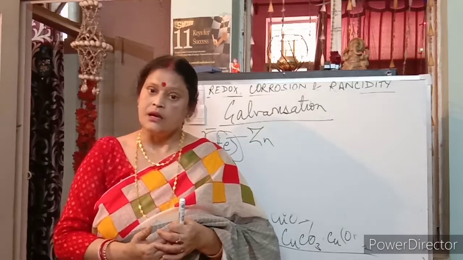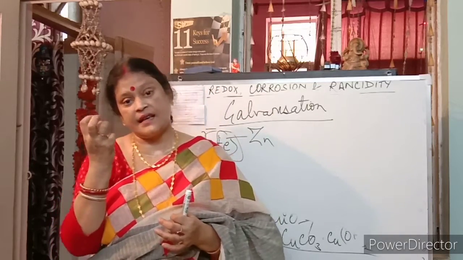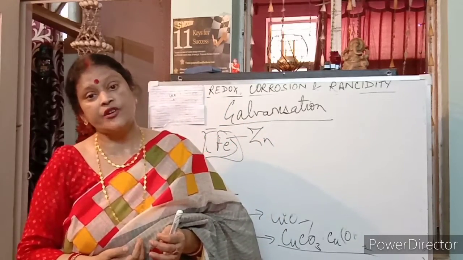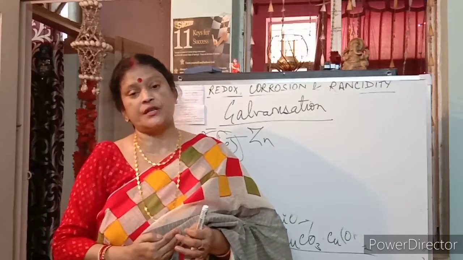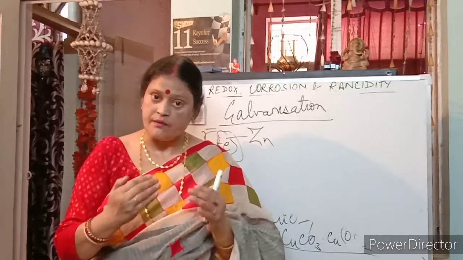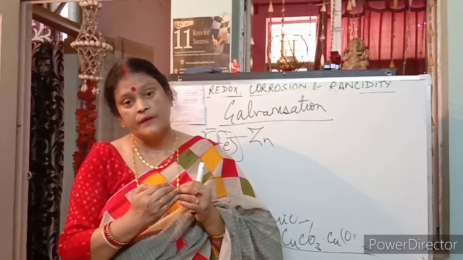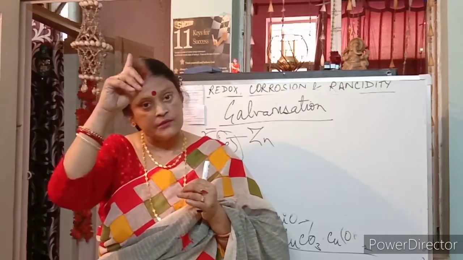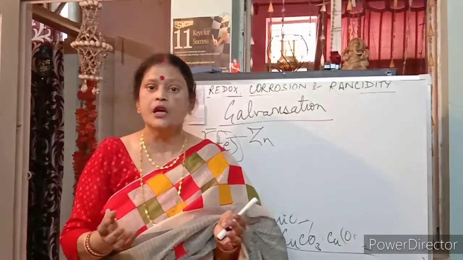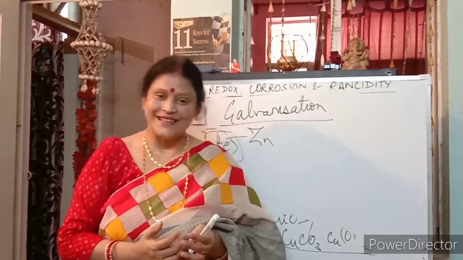Airtight containers, or some antioxidant gases which are low reactive, such as nitrogen gas. Antioxidant means preventing oxidation. You can see chips packets, which are fried, have nitrogen gas flushed in. Question again: why is nitrogen gas flushed in the packet of chips? What will be the answer, students? To prevent rancidity. Right? Clear?